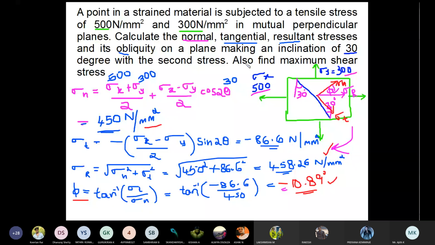Now the last question, find the maximum shear stress. We have the equation to calculate maximum shear stress.